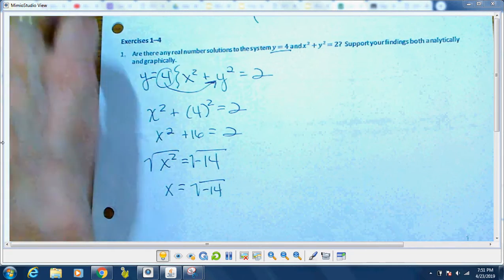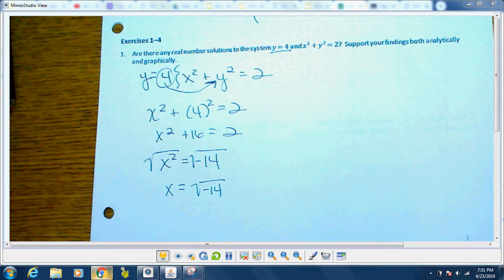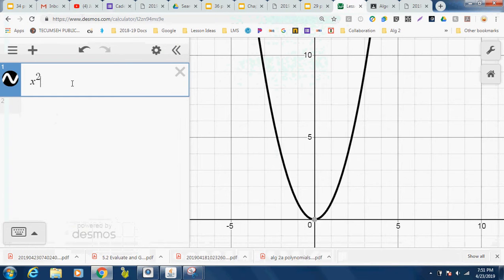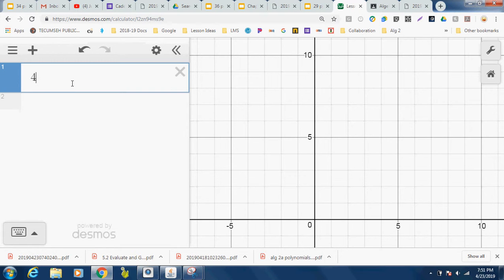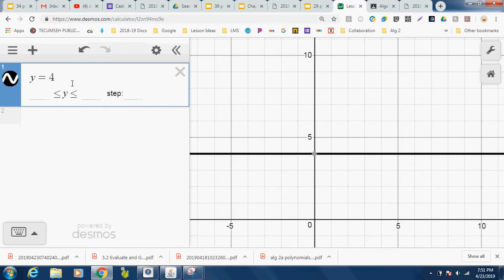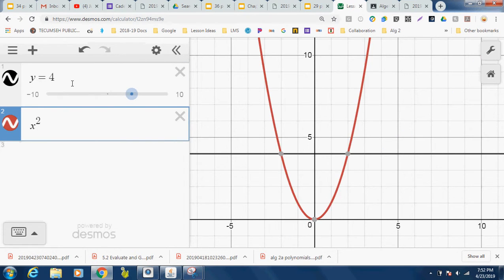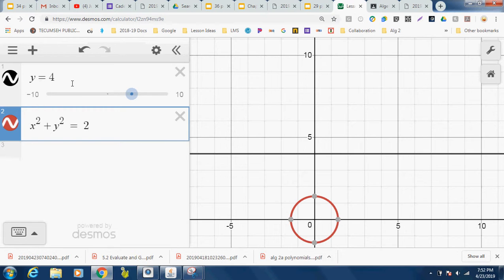So now when I graph them together, I'm going to switch over to Desmos really quick. I'm going to put these on here. y equals 4. And then I'm also going to do x squared plus y squared equals 2.